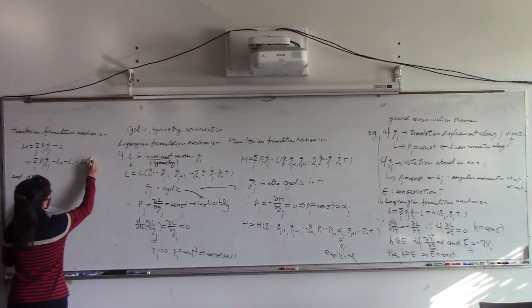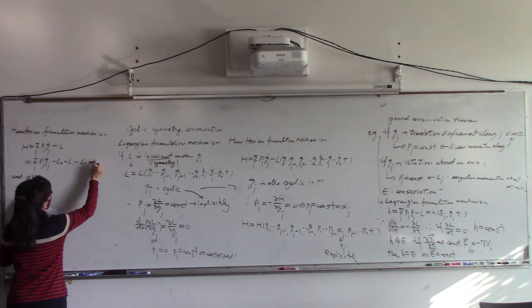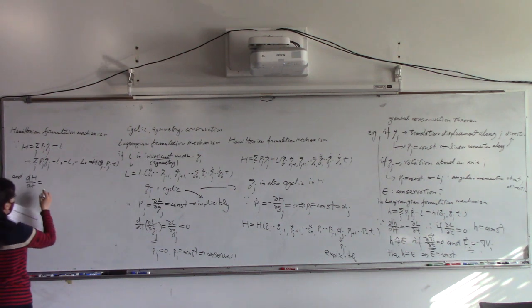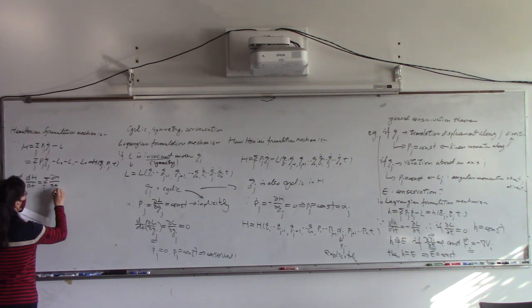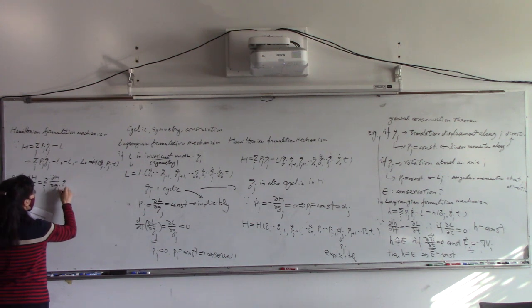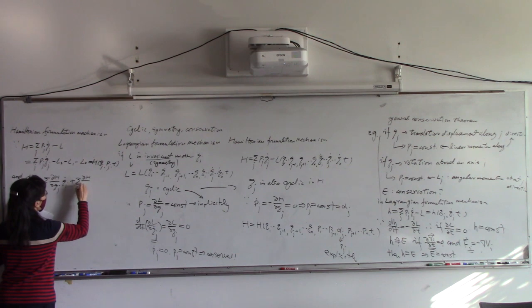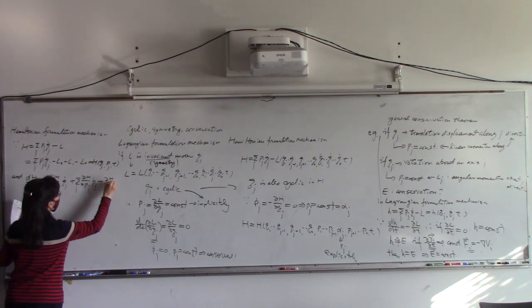H is a function of Qj, Pj, and t, right? So dH/dt is the sum of partial H partial Qj times Qj dot, plus partial H partial Pj times Pj dot, plus partial H partial t.